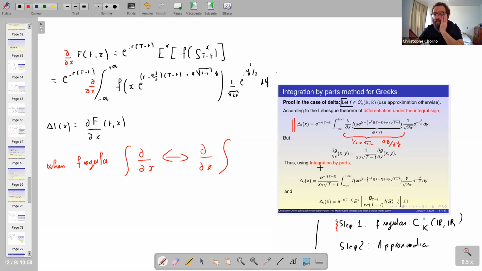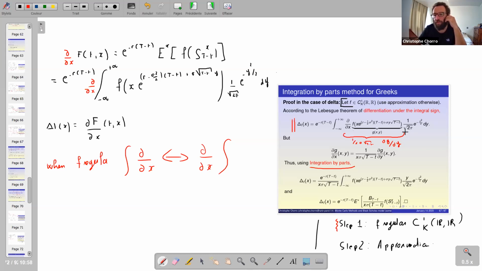If you apply the classical integration by part formula in this expression, you have the term exponential of minus r (capital T minus t) multiplied by this one that is here, and then you have the integral of the derivative multiplied by this mapping. So in general, you have 2 terms in an integration by part, okay?